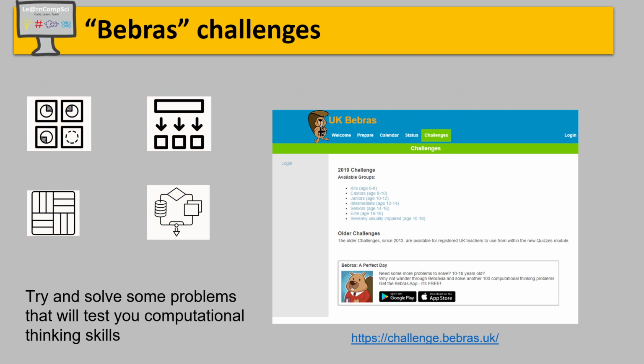Okay, that's finishing off our introduction to algorithmic thinking. We've looked at the four main steps of computational thinking: abstraction, decomposition, patterns, and algorithmic thinking and design. Why don't you go away and have a try now and solve some problems that will require you to apply these computational thinking skills.